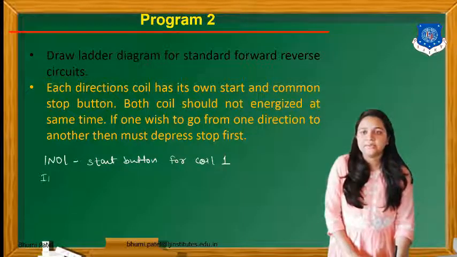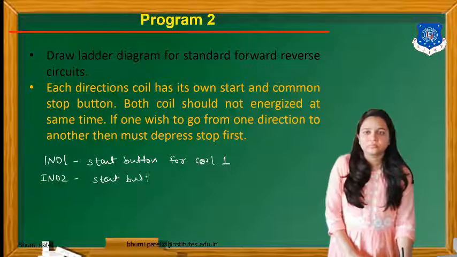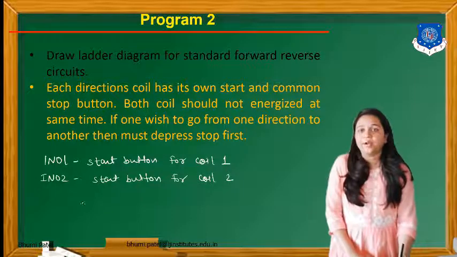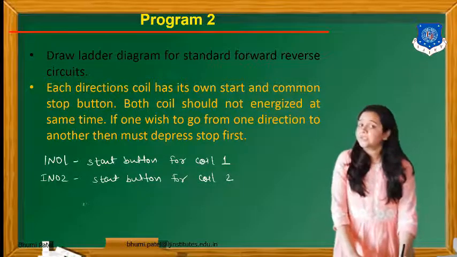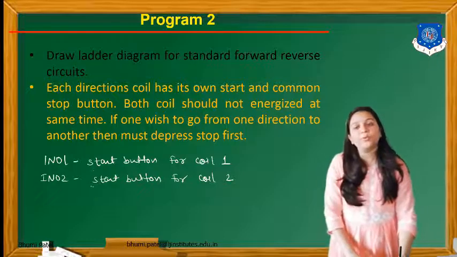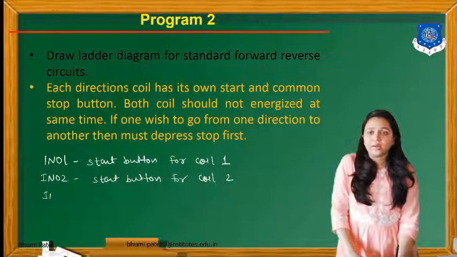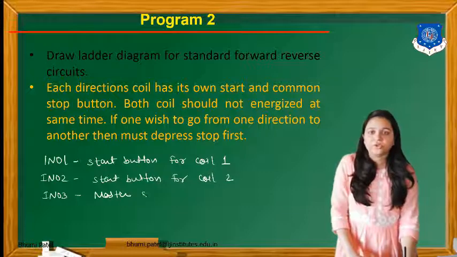And IN02, this is my start button for coil number 2. Now, each direction coil has its own start button. That means we can put here 2 start buttons and a common stop button. So we can take another button IN03, that is the master or common stop button.